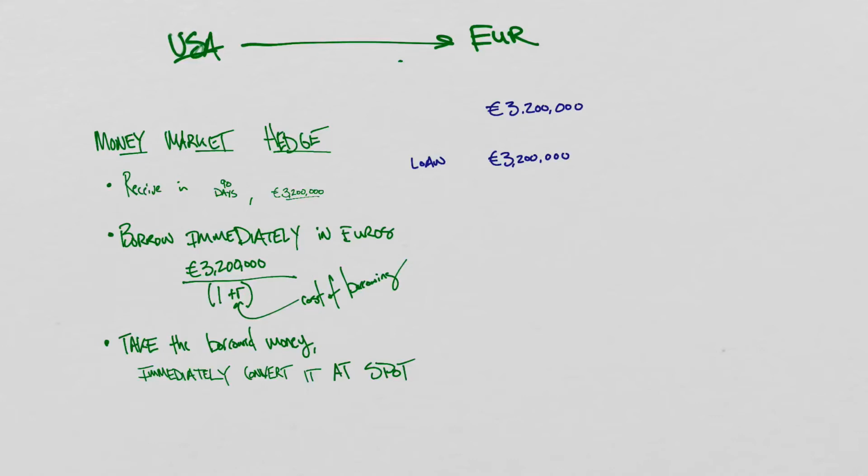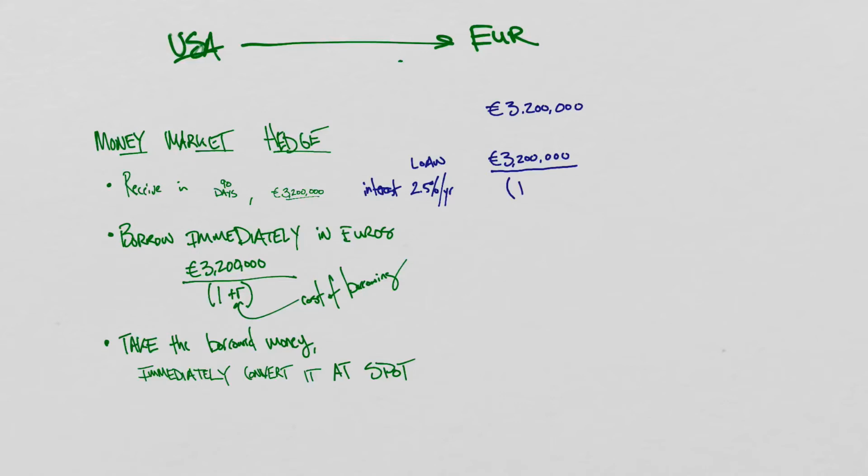Let's say interest on this 90-day loan is 2.5% per year. That means that if they're going to borrow for a 90-day loan, it's 90 days because they know they're going to get paid in 90 days, and so they can take that amount and pay off the loan in 90 days. So they wouldn't want to get a loan for anything longer than that.